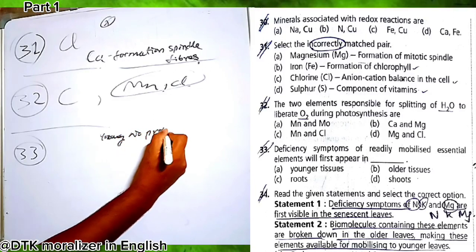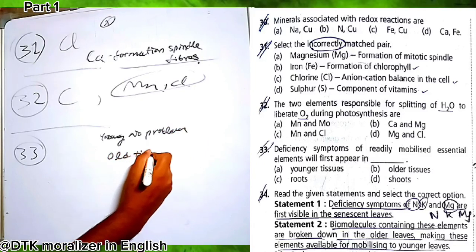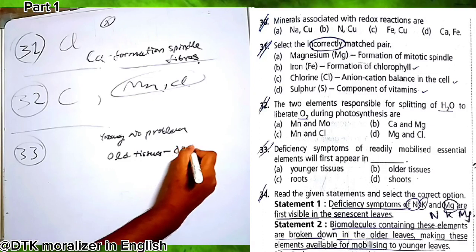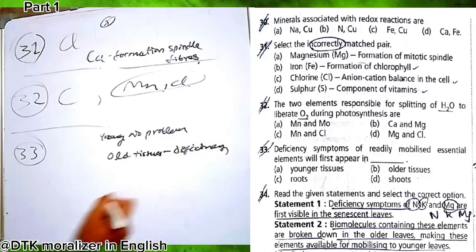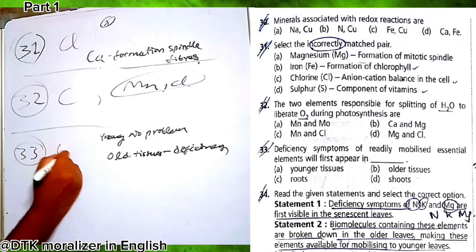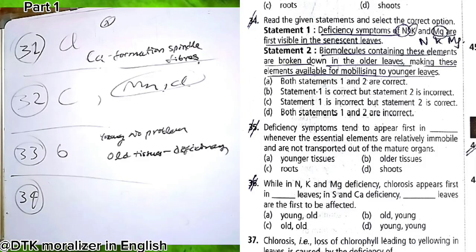In young tissues, no problem. In old tissues, deficiency symptoms appear. So, option B.